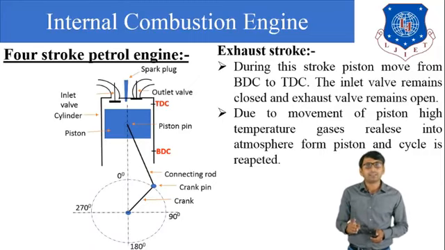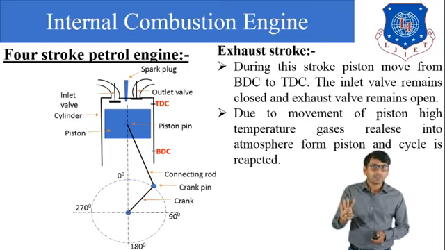So one cycle is completed in 4 strokes: suction, compression, power and exhaust. During the first stroke, mixture enters the cylinder. At the end of the second stroke, the mixture ignites and high temperature gas is released. During the third stroke, power is produced due to movement of the piston, and during the fourth stroke, the remaining high temperature gas is released into the atmosphere.